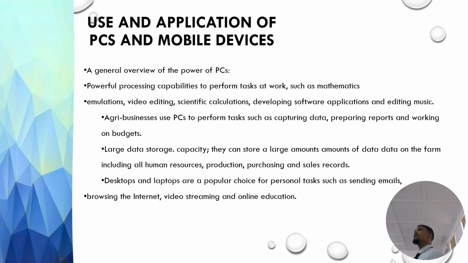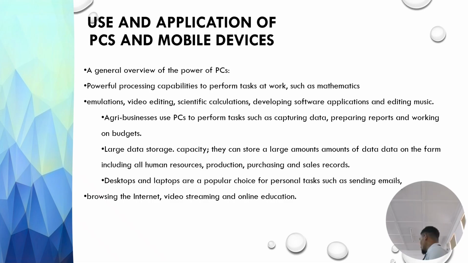So agribusinesses use computers to perform tasks such as data capturing, preparing reports, and working on a budget. Large data storage capacity: they can store a large amount of data on the farm, including all human resources, production, purchases, and sales records.